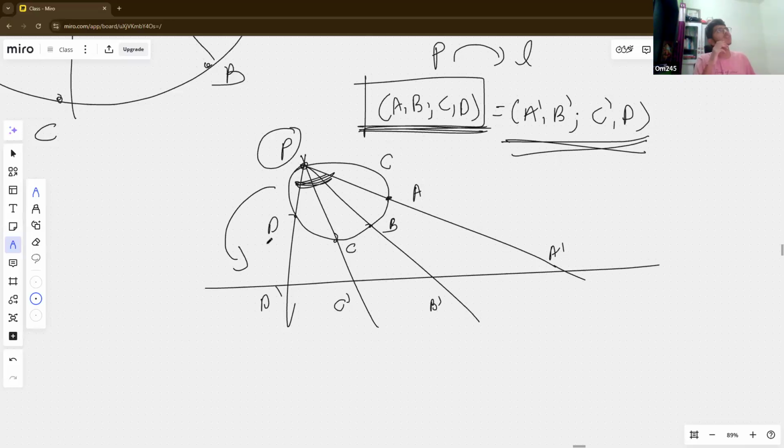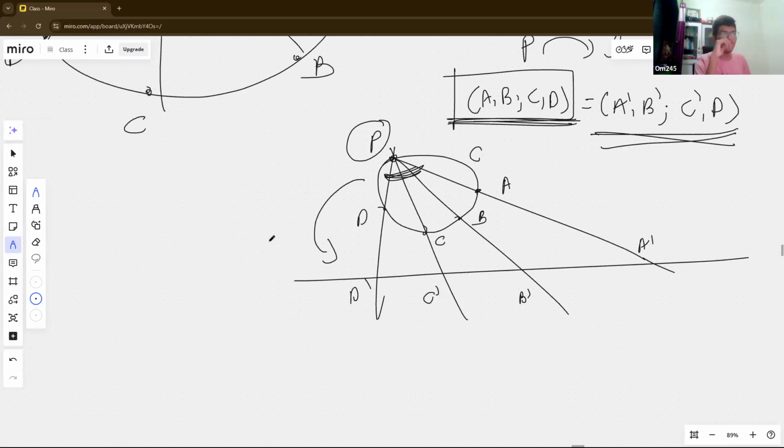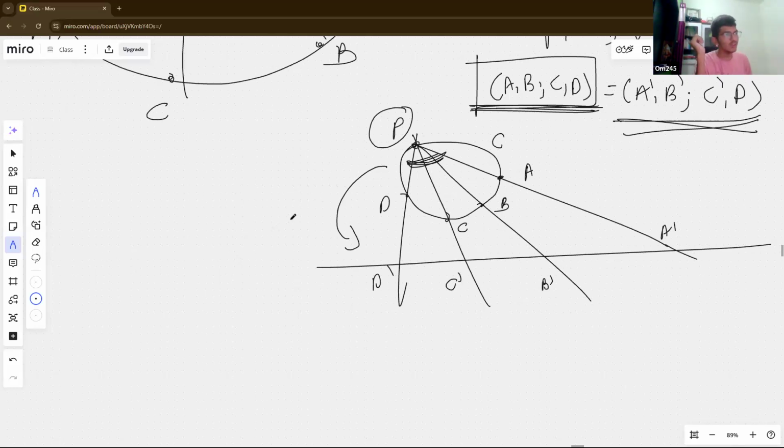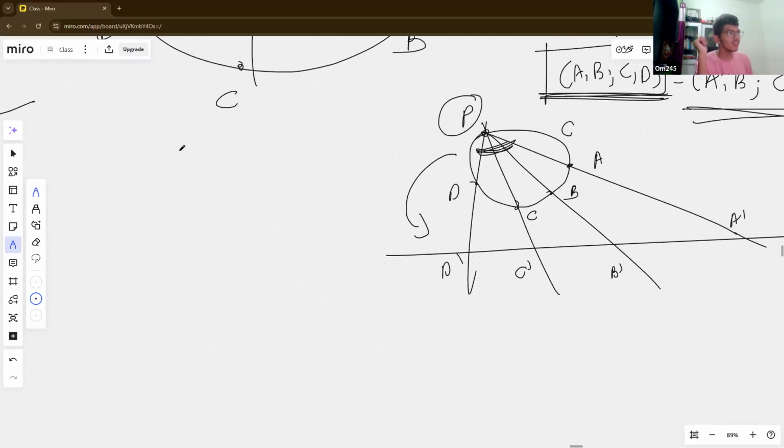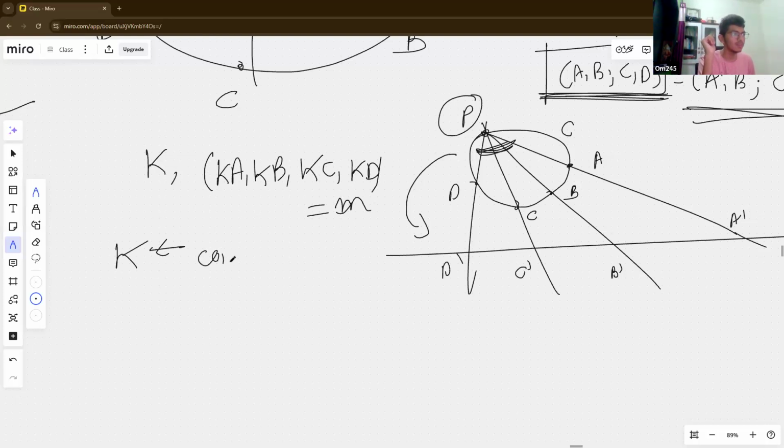Now there is another interesting fact. Another way to define a conic is this: if you consider some point K such that the cross ratio of KA, KB, KC and KD is a constant M, then this K will lie on some conic passing through A, B, C. This is a cool fact about conics.